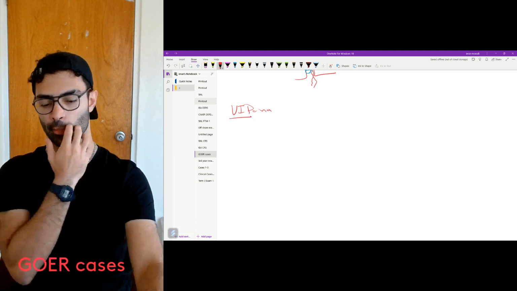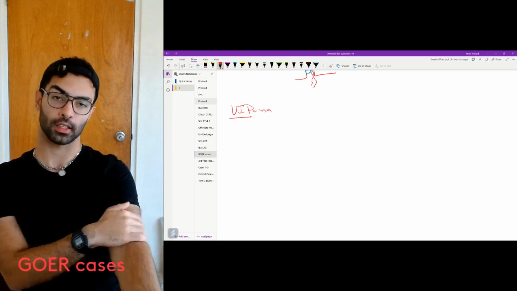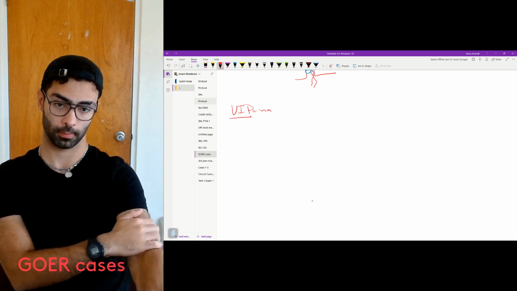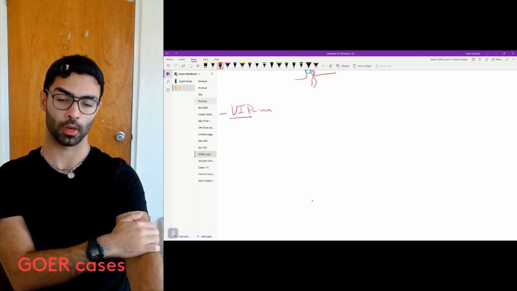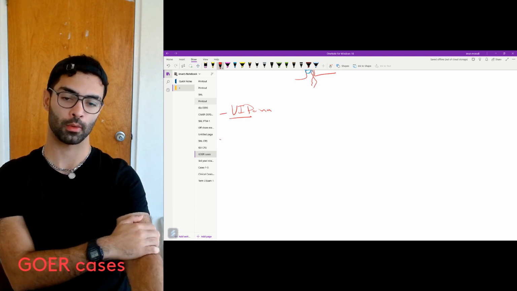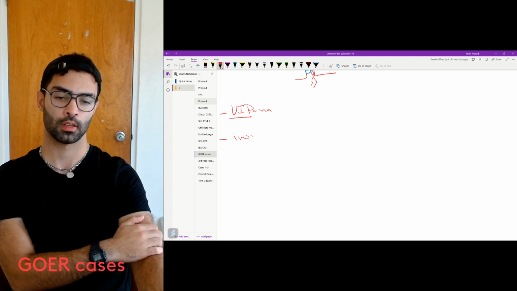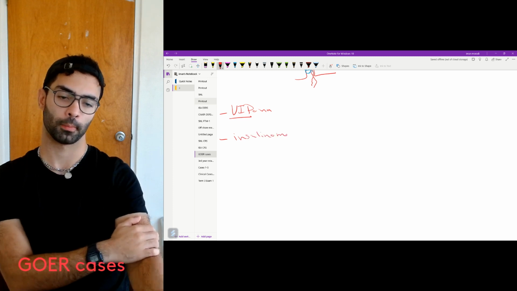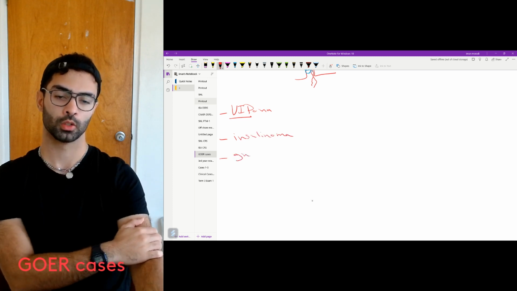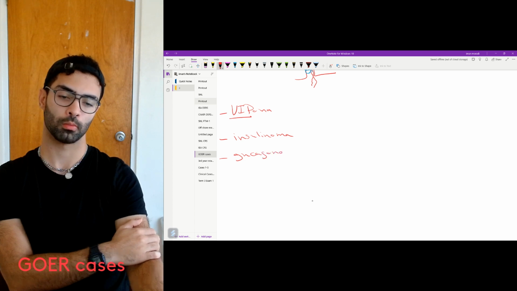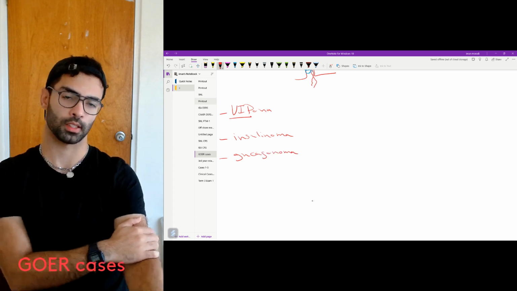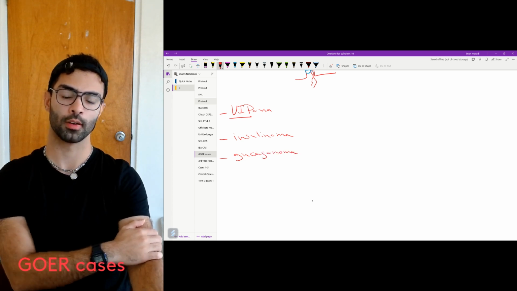VIPoma. Okay. I want to talk about the pancreatic tumors today. One of them is VIPoma. I'm going to just write there what it secretes, right? Some of them: insulinoma, right? Glucagonoma, or I don't know what this one's called, but basically it secretes glucagon. Gastrinoma.